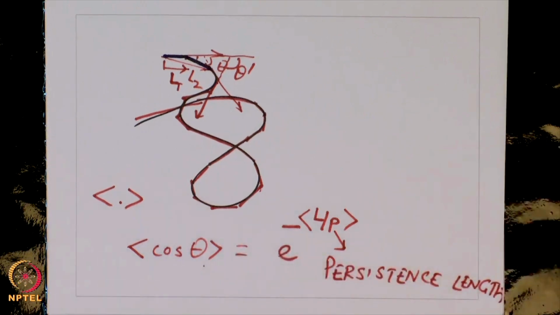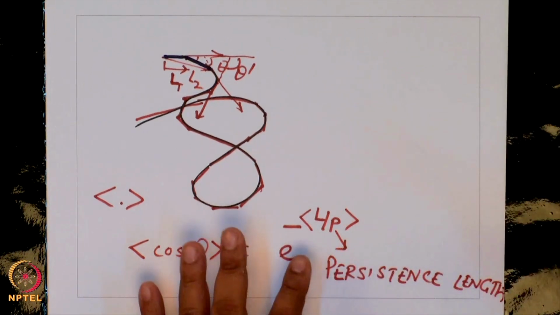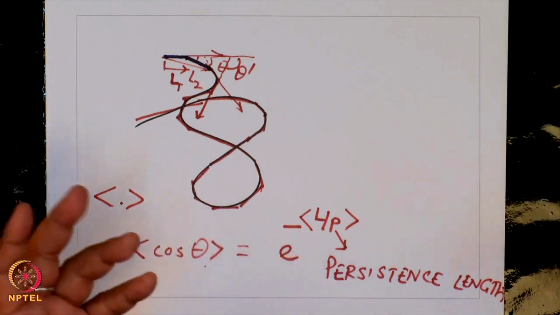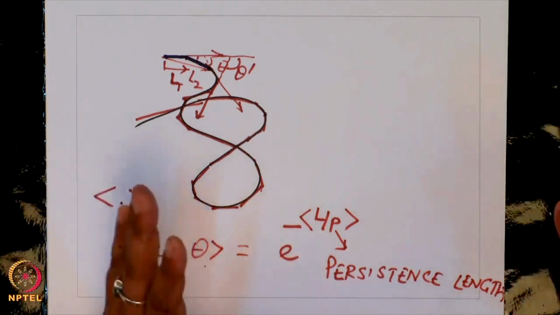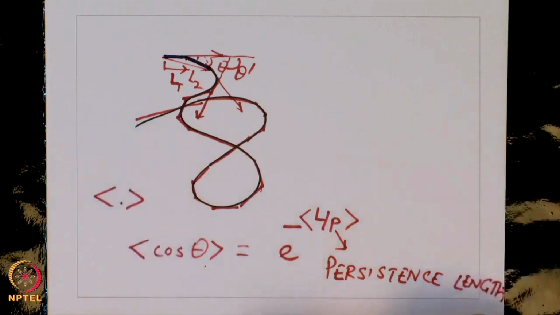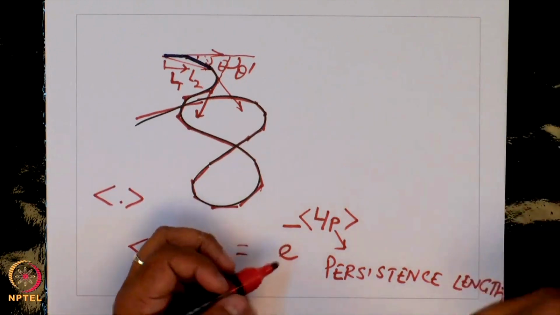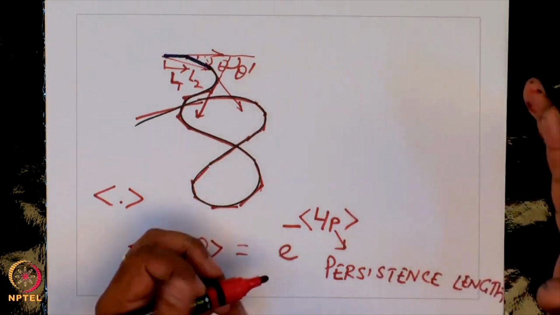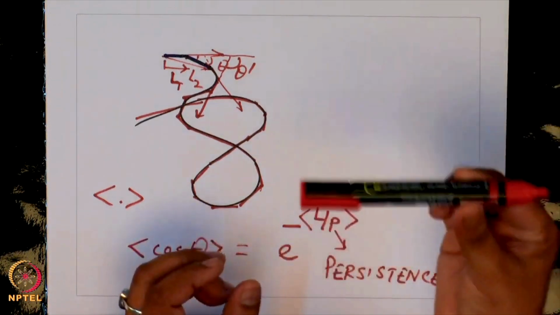So, this would be a very nice way of characterizing the persistence or the directionality of individual fibers. What is also known is this persistence length is dictated by the stiffness of the spring. In other words, if you think of this pen here, this is completely straight, which means it is reasonably stiff.